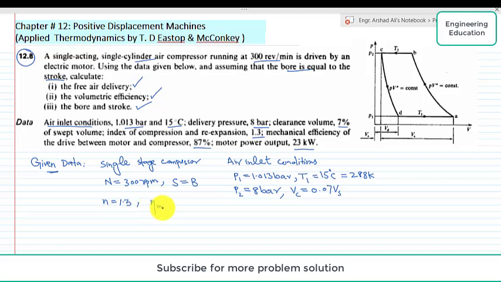Mechanical efficiency is 87%. Motor power output, also called motor power, is equal to 23 kilowatt.